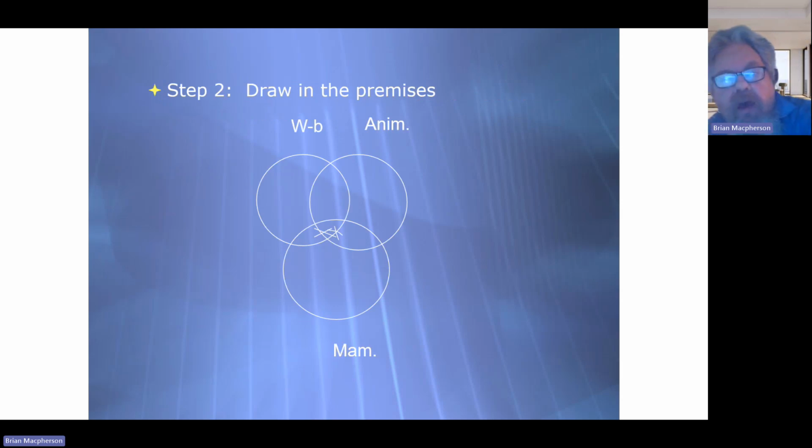You put the X on the line, right? Because it could be in either subarea. And the same thing for the second X. You put it on the line because it could be either subarea. You don't know which. But the problem is if it's on the line, it's not decisively in this area here. And if it's not decisively in that area there, then it means that the argument is not valid, right? Because you don't get the conclusion by diagramming in the premises.